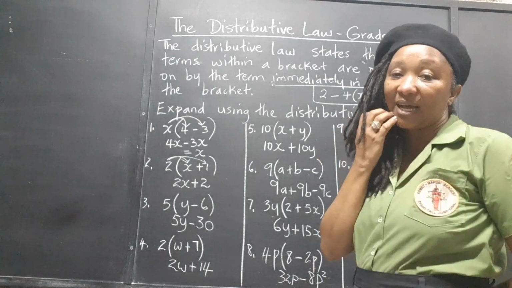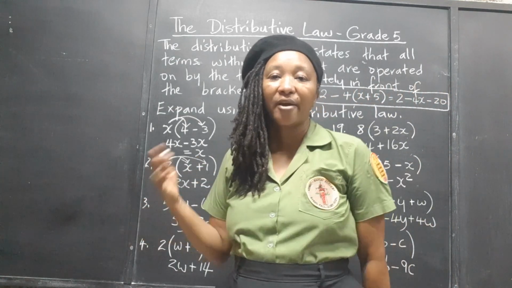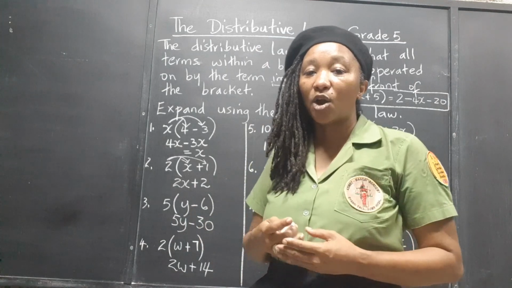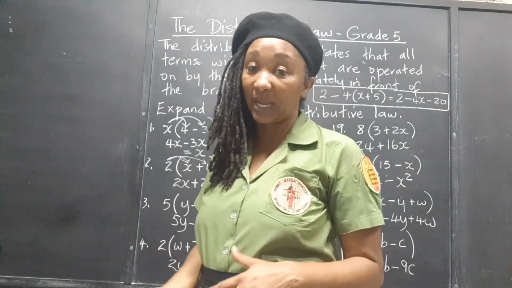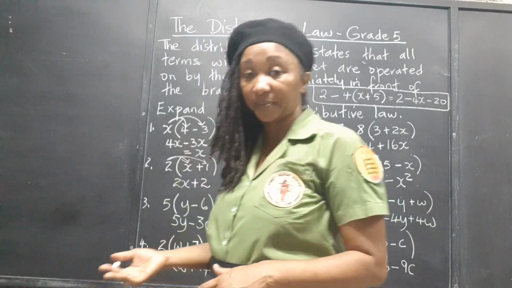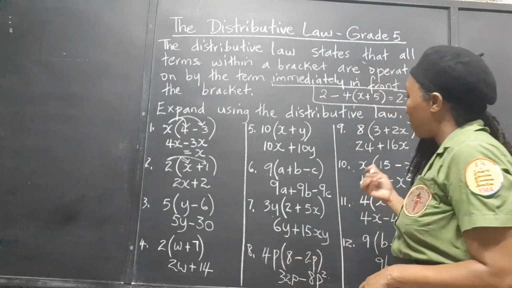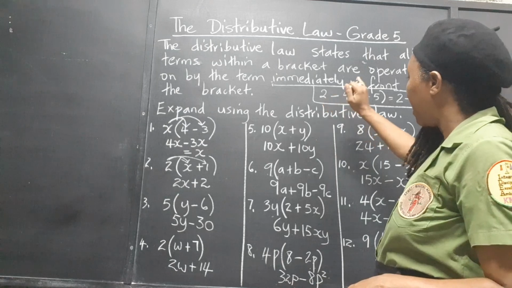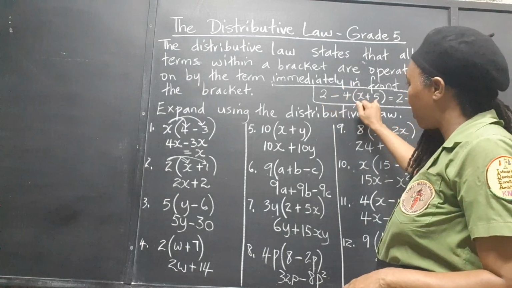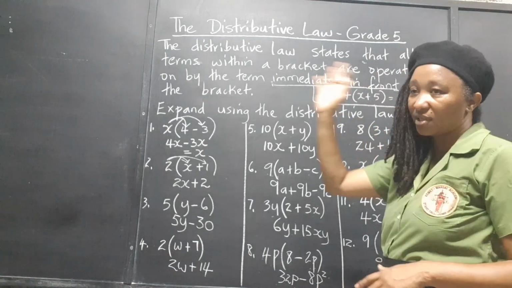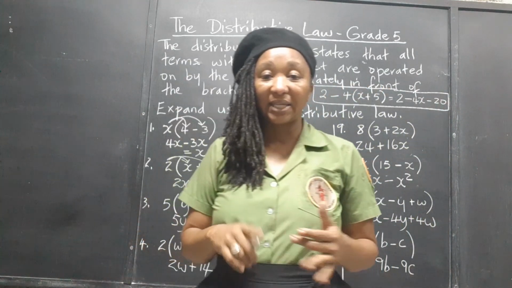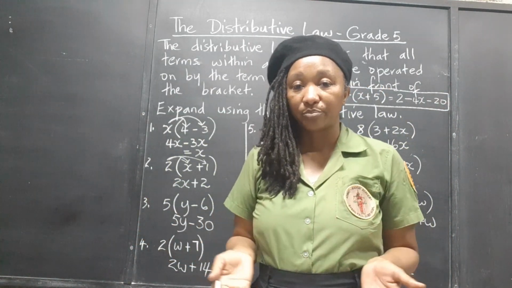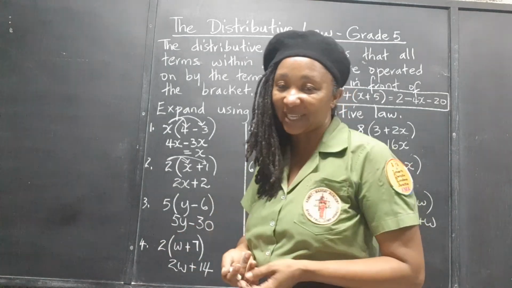And like I said, as you advance through your course, you're going to be seeing how negative and positive numbers affect each other when we're multiplying or dividing. So just bear in mind it has to be the term immediately in front of the bracket, not the terms further away or separated from the bracket by a minus or a plus sign.